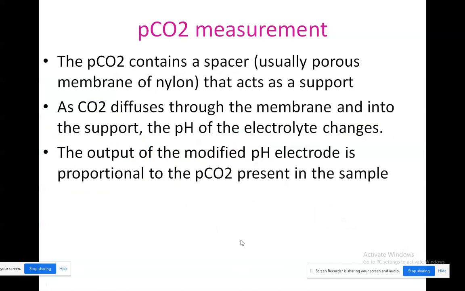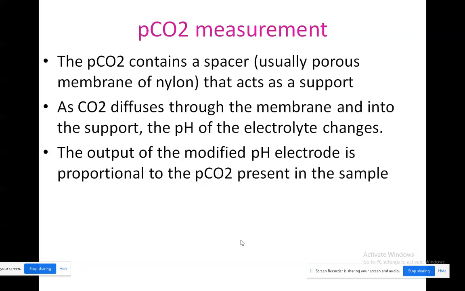The PCO2 electrode contains a spacer, which is a porous membrane made of nylon. A membrane with many pores is called a porous membrane.